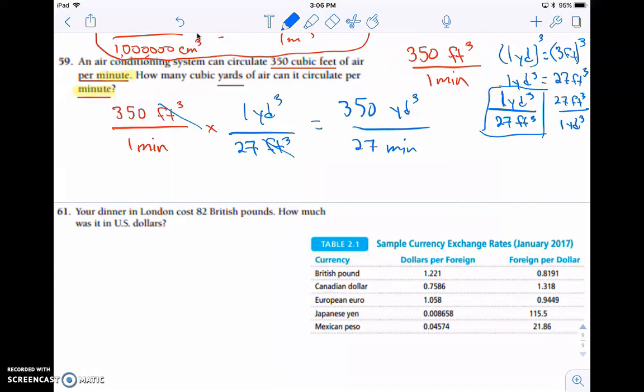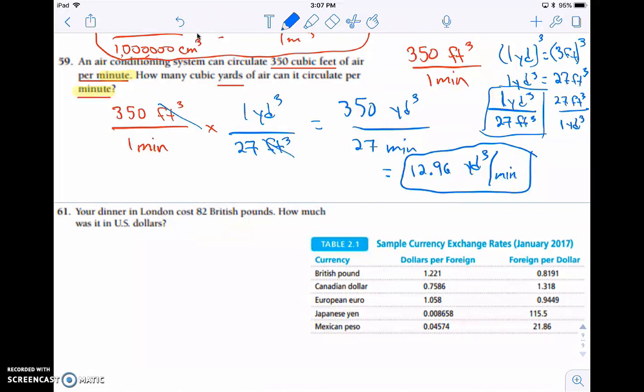And now we can just go ahead and divide out the numbers here. So we're going to take 350 divided by 27, and I'm going to get roughly 12.96. And again, this is cubic yards per minute. And that would be the end result there.